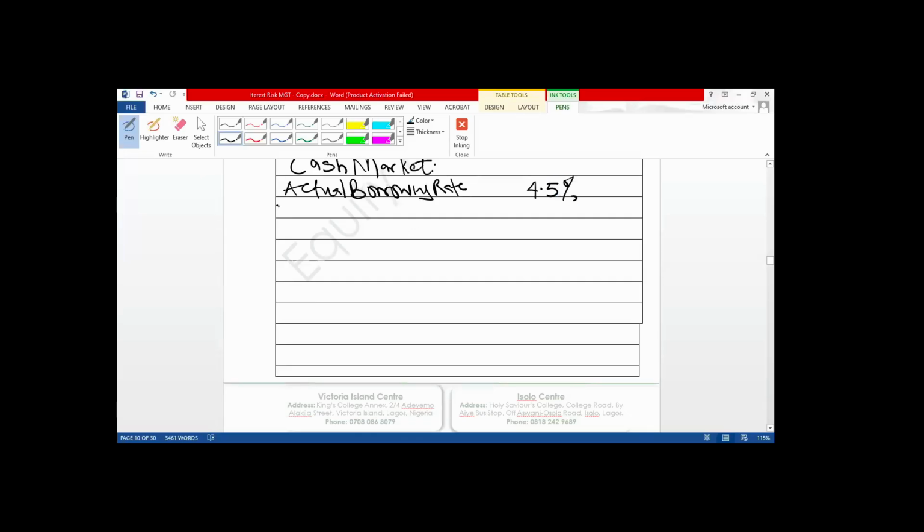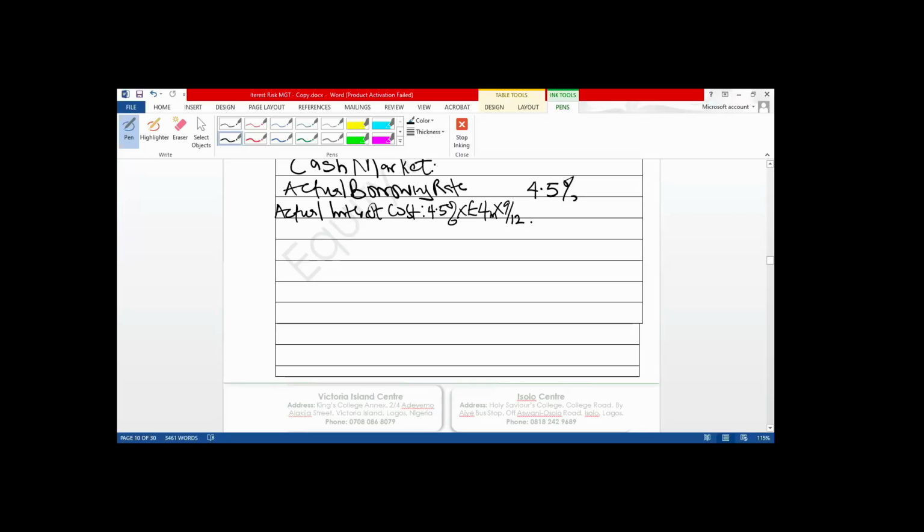Calculate actual interest cost. You are going to borrow at 4.5%. You are going to borrow £4 million for 9 months. Please compute your actual borrowing cost.